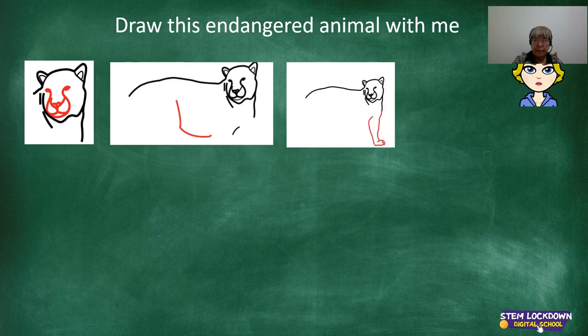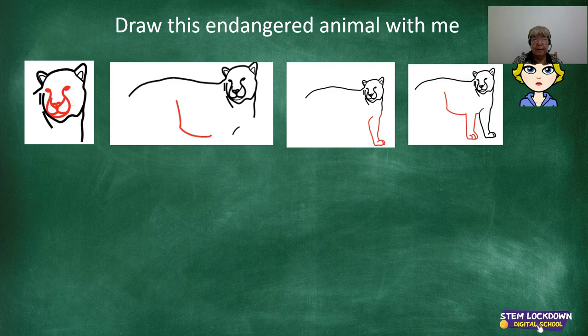Let's see. The first leg. All right. Do you think we're going to do the second leg now? Yes, the second leg. Right. And the toes and feet. Or paws, we should say.